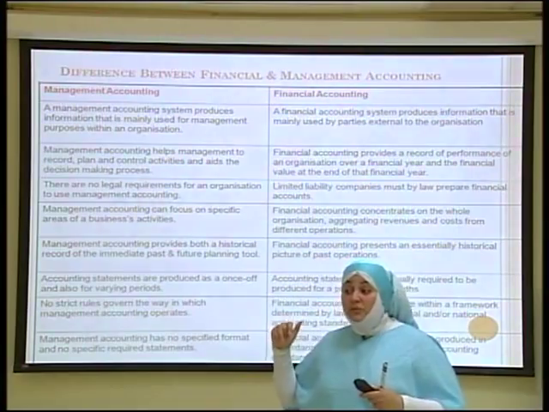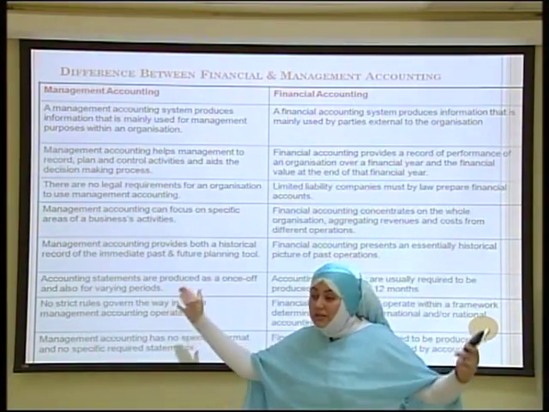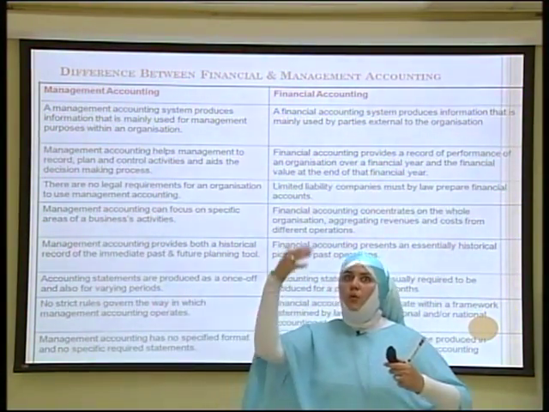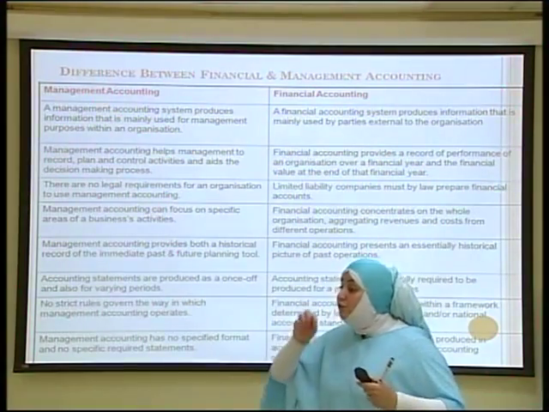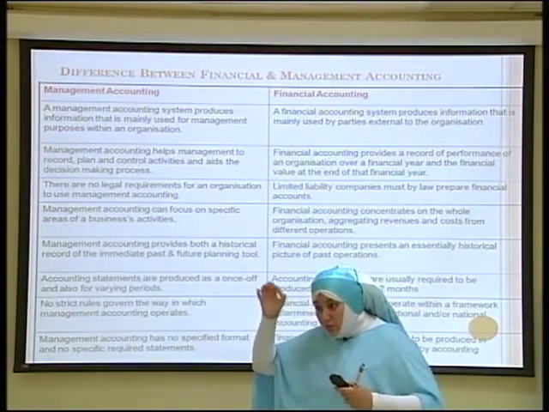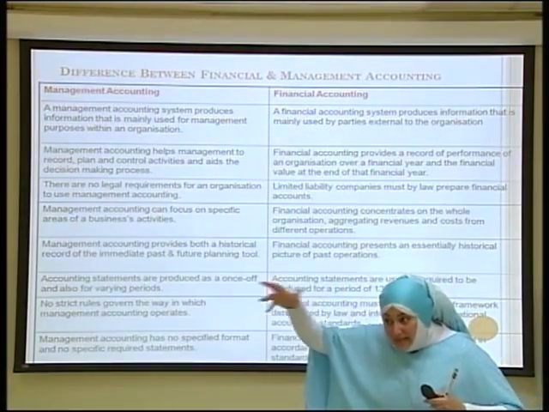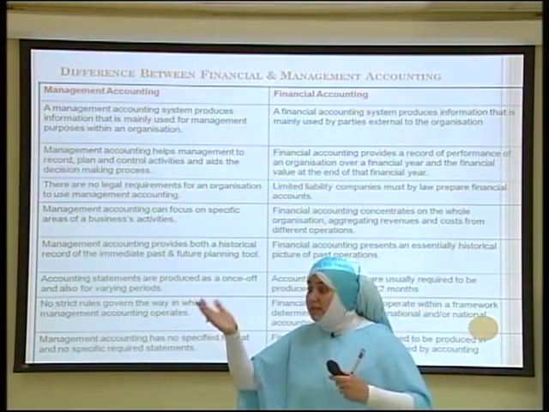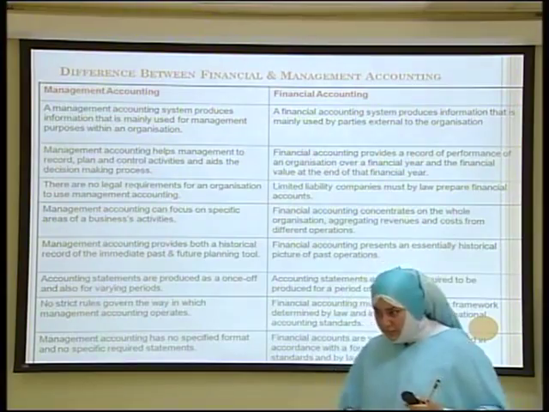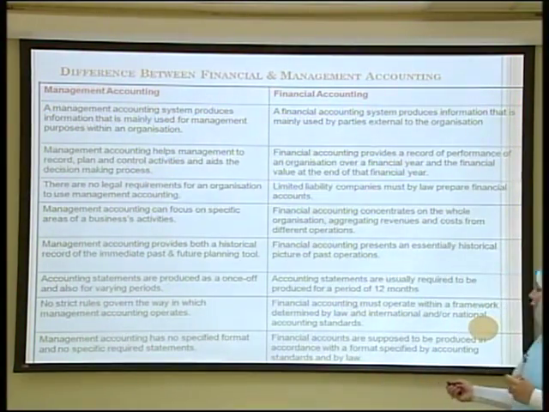But for financial accounting, this will be published for everybody, so everybody needs to know how to read them. So you have to follow some specific rules. These rules will standardize the way of presenting the financial statements so that everybody can understand them when you publish them, okay? Financial accounting must operate within a framework determined by law and international and/or national accounting standards.